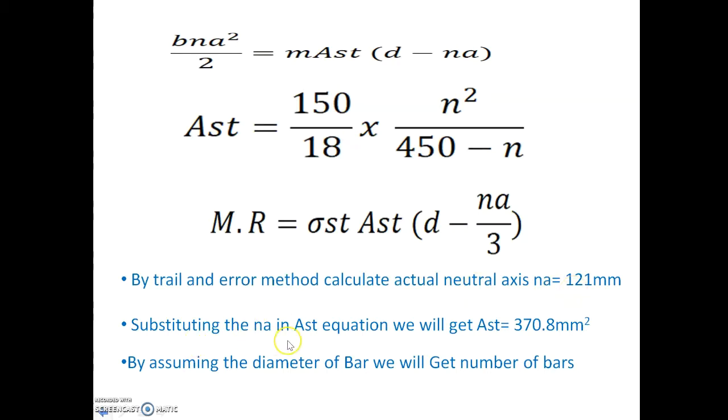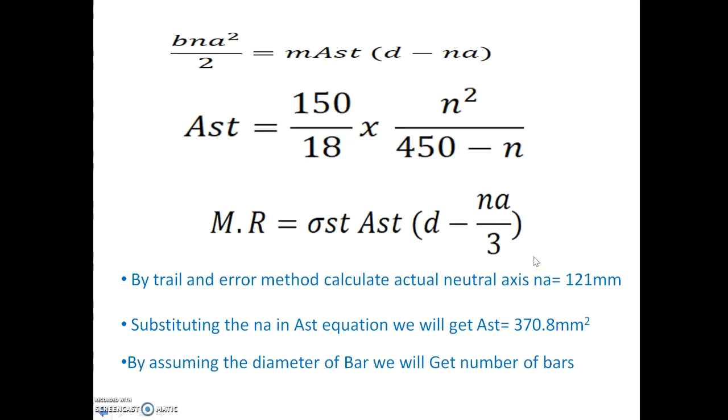By substituting the NA in the Ast equation, we will get the Ast value, that is Ast is equal to 370.88 mm². By assuming the diameter of the bar for that particular beam section, we will get the number of bars.